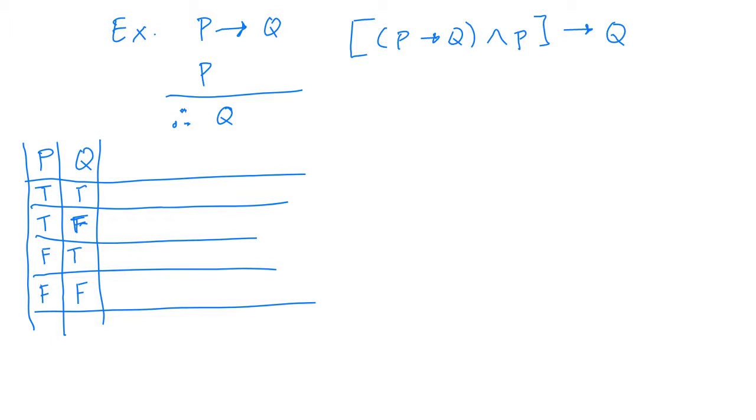And then we have to work on the inner part of the symbolic form, and that would be if P then Q. So we'll write that out here.